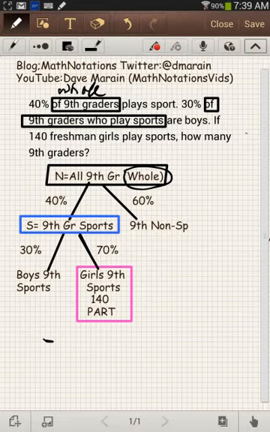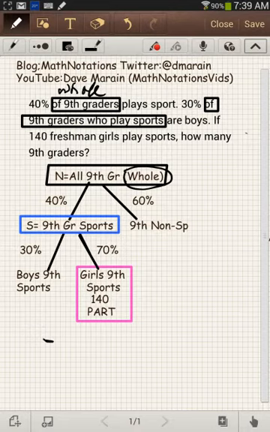This is useful for me, so I'll share it. One branch comes down to the 9th graders who play sports. The other branch, which corresponds to 60% of the whole, is the non-sports students, and in fact we're not really interested in that group or that part, but I did it for the sake of completeness, and when you're doing the problem you may not have looked far enough ahead to see that you don't need it.